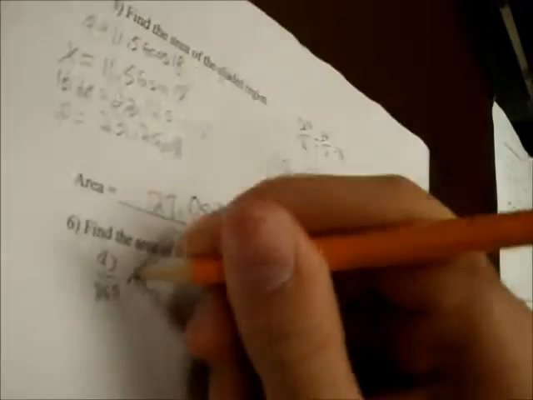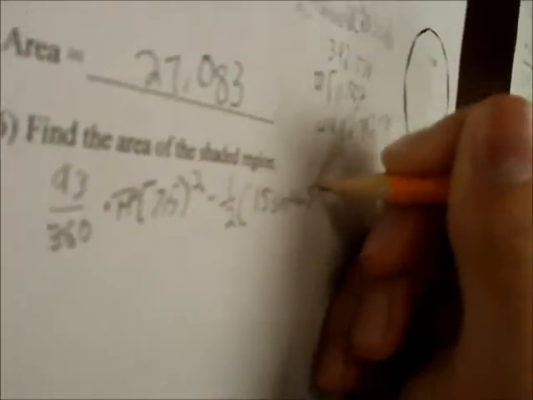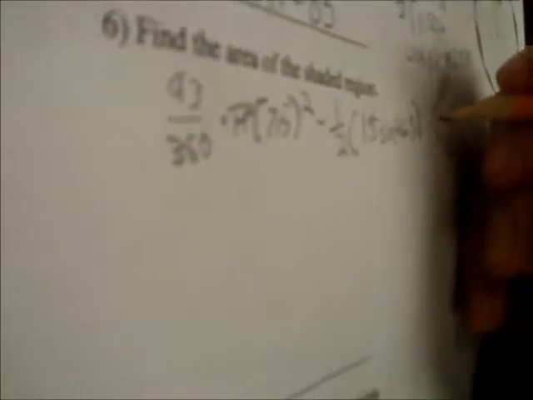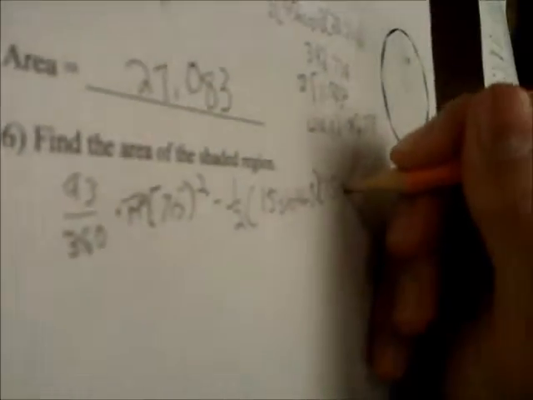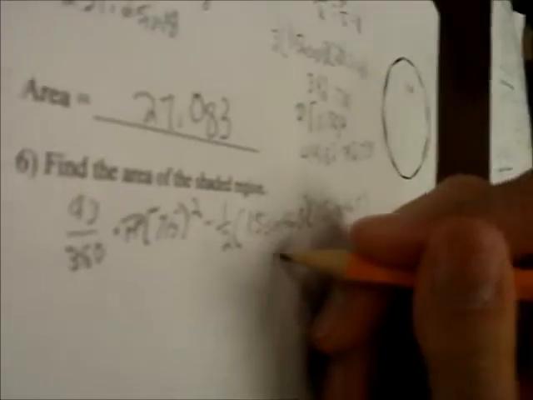So then we're going to plug in the equations, and we're going to take 93 over 360 times pi times 7.5 squared minus a half times 15 sine 46.5 times 7.5 cosine 46.5. And when we plug that all in, our area equals approximately 17.5648.